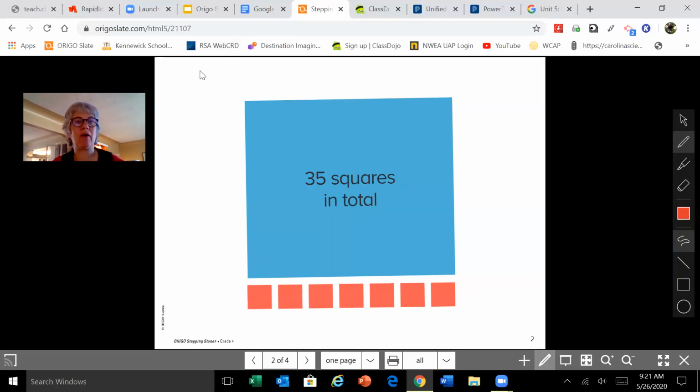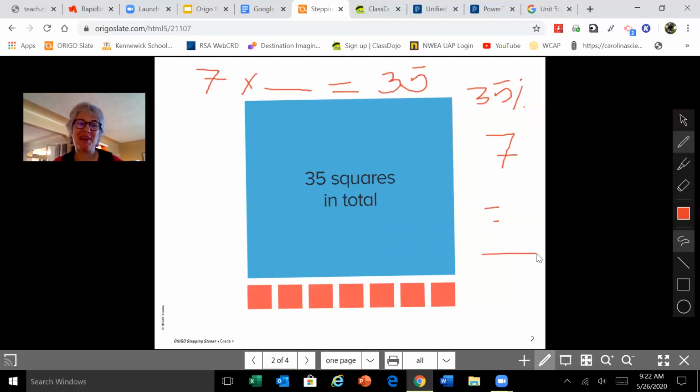Or I can think about this, 7 times what? Times a mystery number, times x equals 35. I could also do it this way, 35 divided by 7 equals what?